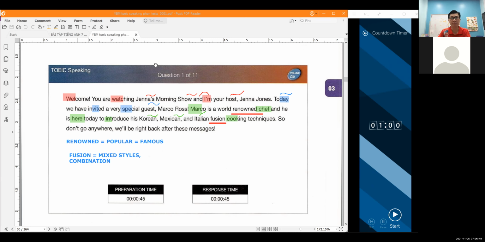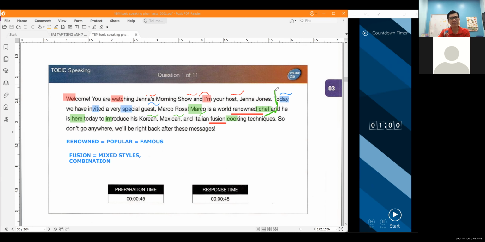All right, got it. How do you say fusion? Fusion. Cooking technique. The stress is on the second syllable: technique.